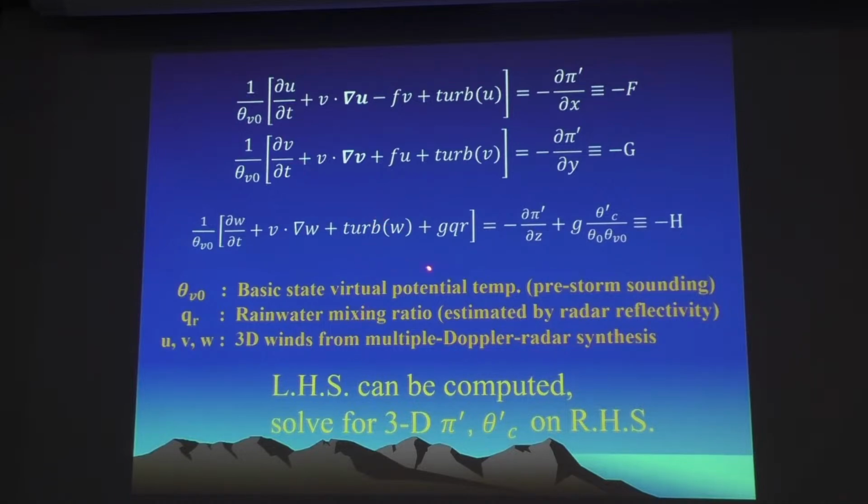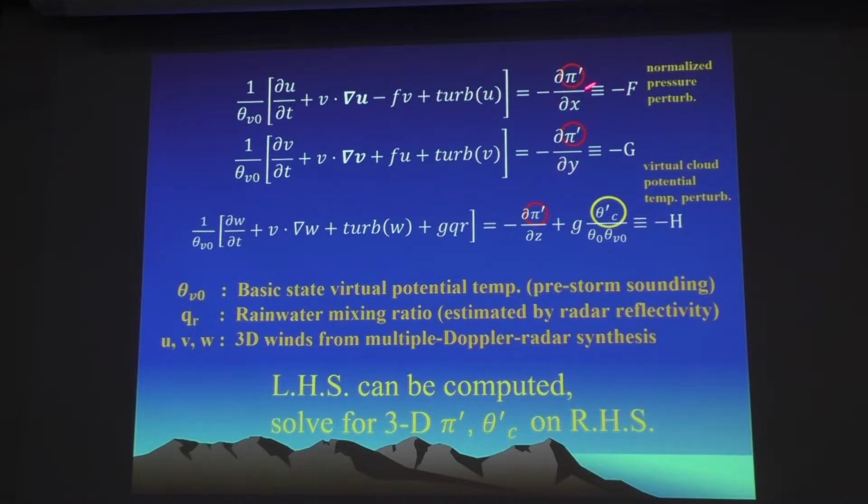Then by using the variational approach, we can solve for the 3-dimensional pi prime and the theta-vc prime on the right-hand side. Here the pi prime is the normalized pressure perturbation, and the theta-vc prime is the virtual cloud potential temperature perturbation. However, if you take a close look at the pi prime, you will find the pi prime has the form of a derivative.